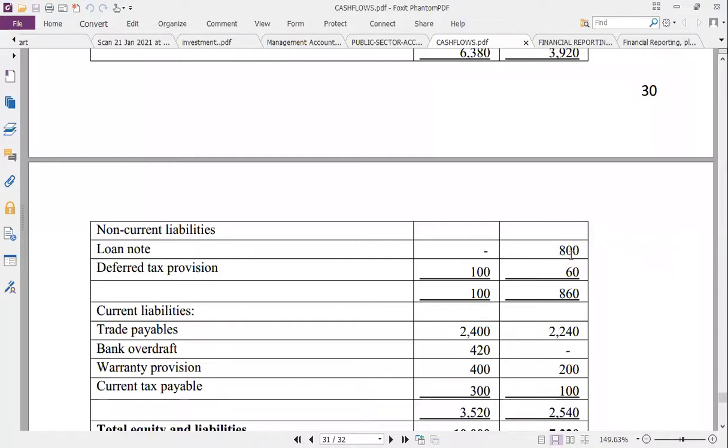So tell the annoying director that this payment of 800,000, we paid with cash, we didn't pay with profit. So our profit was not affected. The profit did not change in respect of this payment.